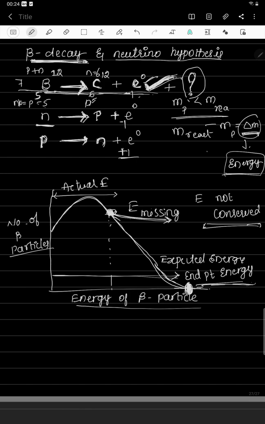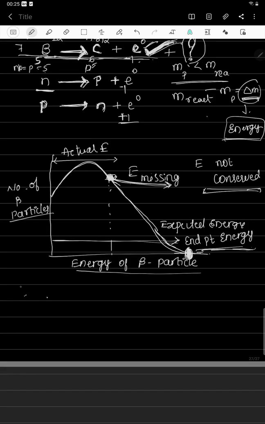Before that, spin is also not conserved.